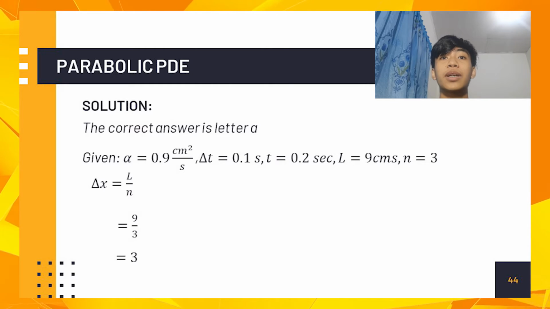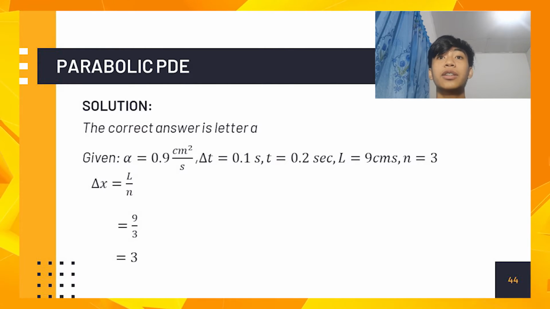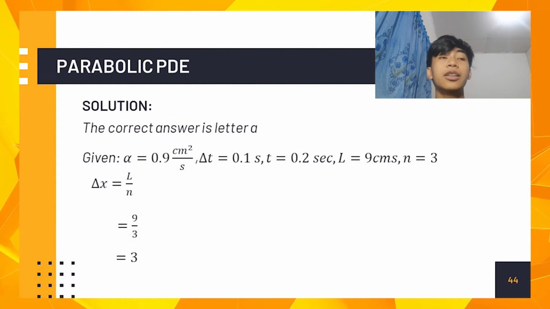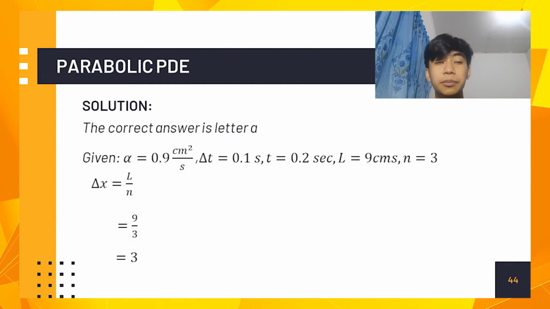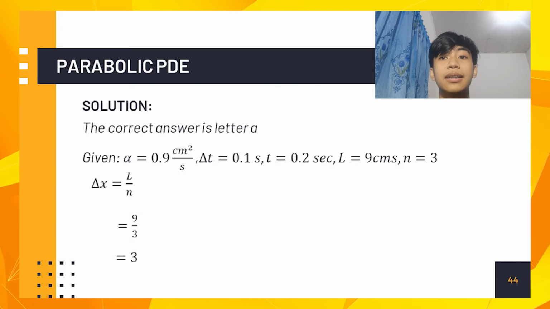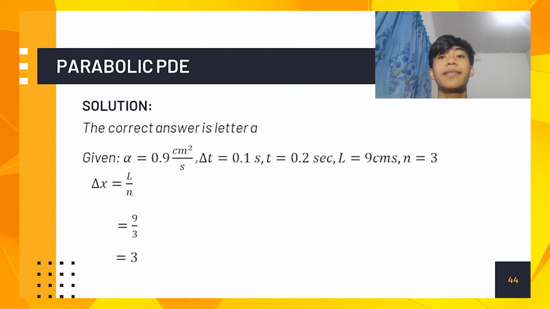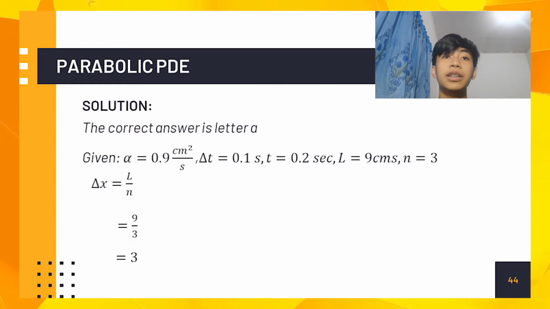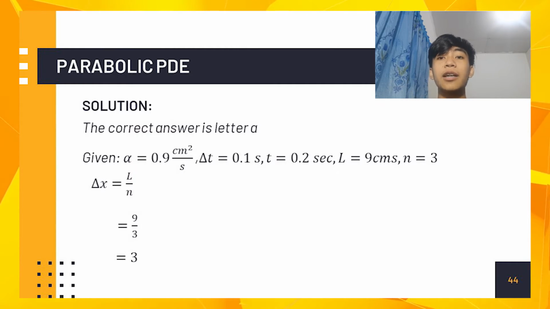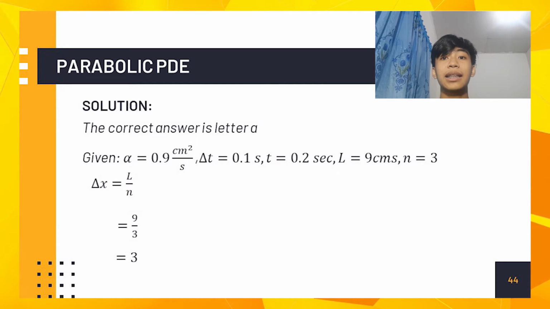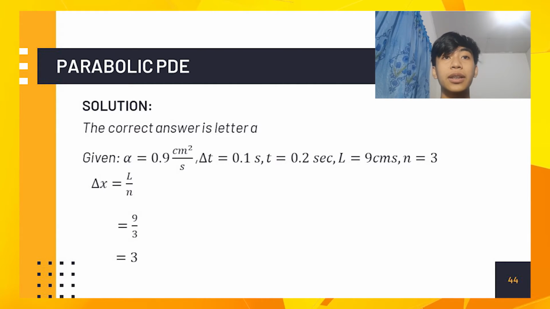So, solution. Given that alpha is equal to 0.9 centimeters squared per second, delta T is equal to 0.1 second, T is equal to 0.2 second, L is equal to 9 centimeters, and N is equal to 3. Delta X is equal to L over N. So we substitute: 9/3, therefore delta X is equal to 3.